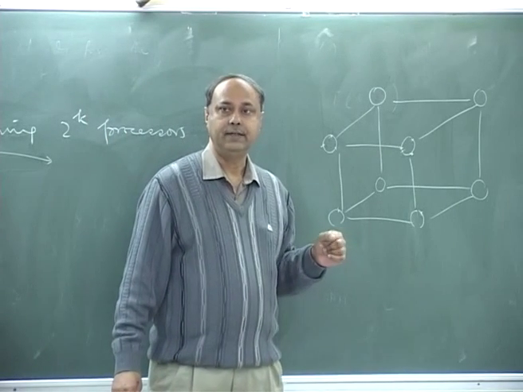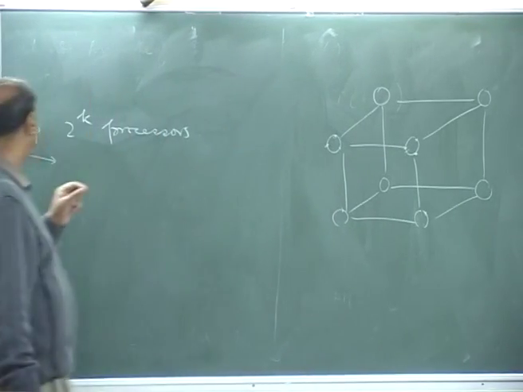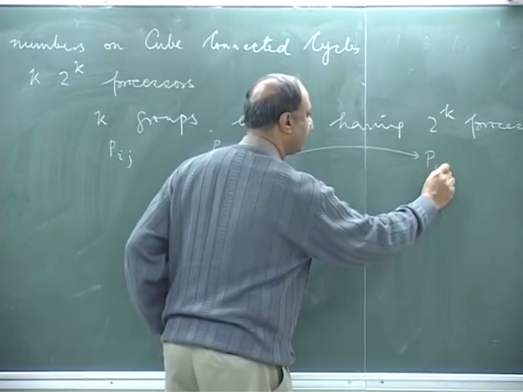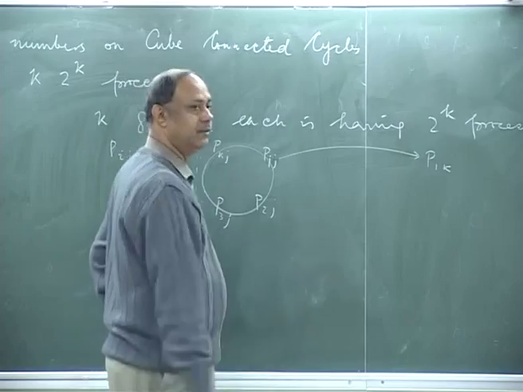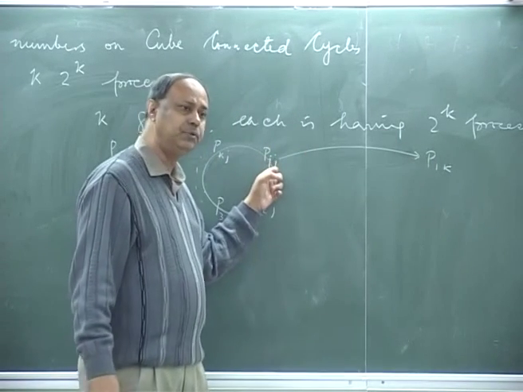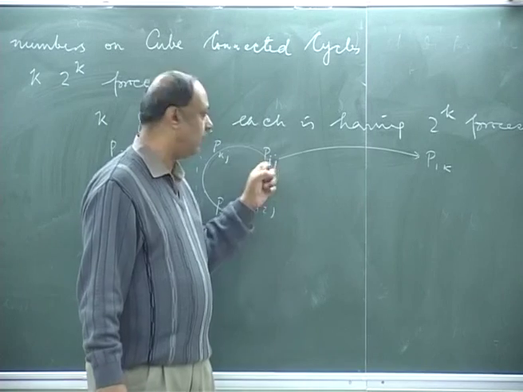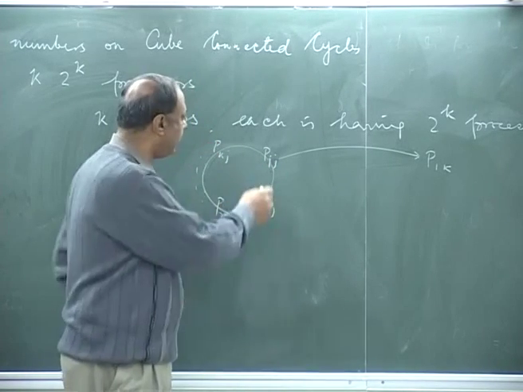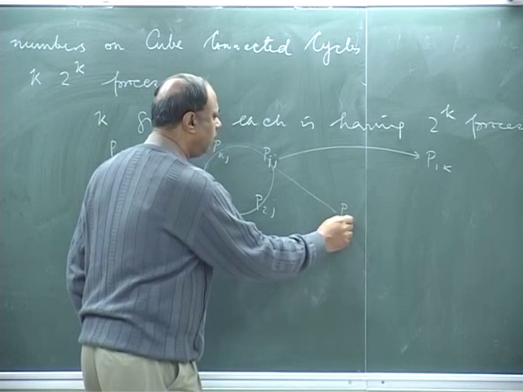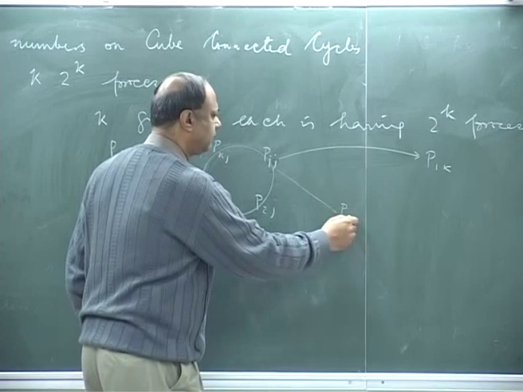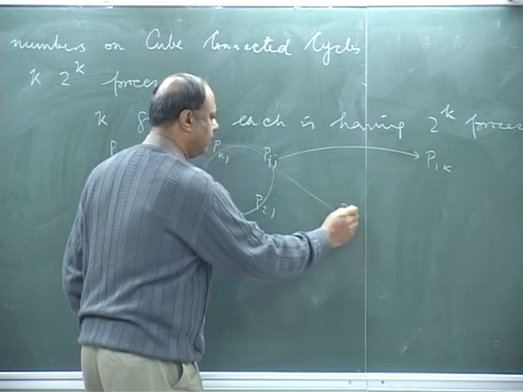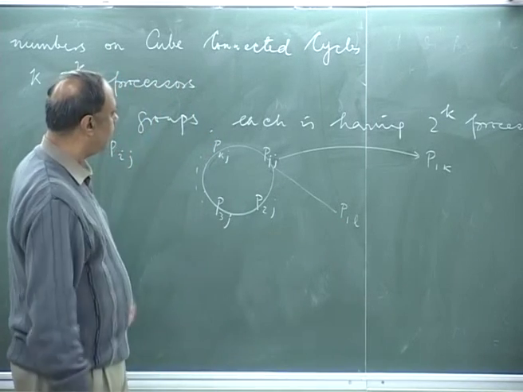Any ambiguity here? See, the processor P1J is connected with P1K. Now, if you bring this data here, it will come to this P1J. Next time you will be collapsing, this is connected with something else, P1L, say.